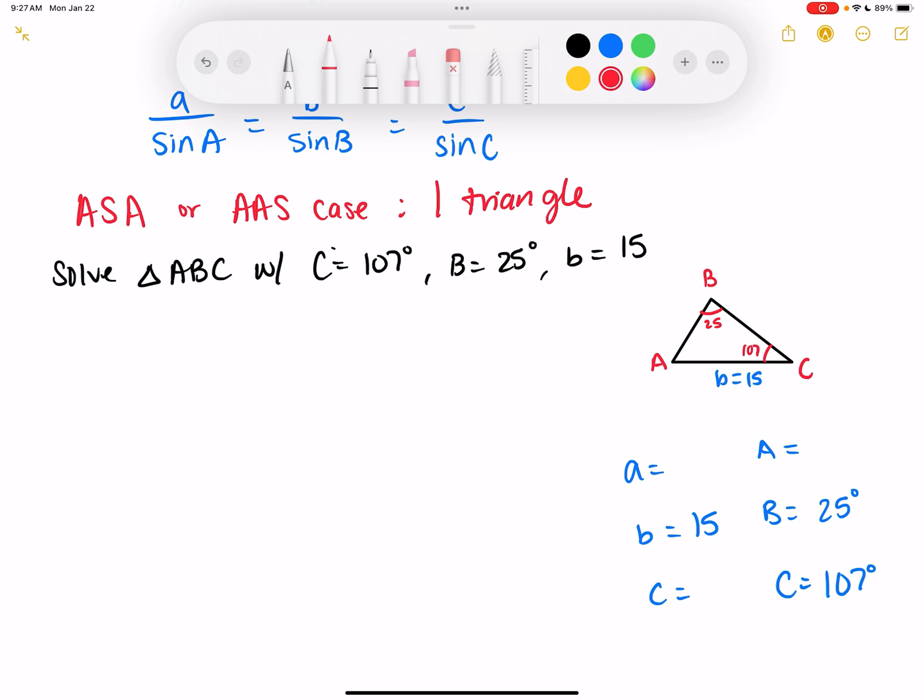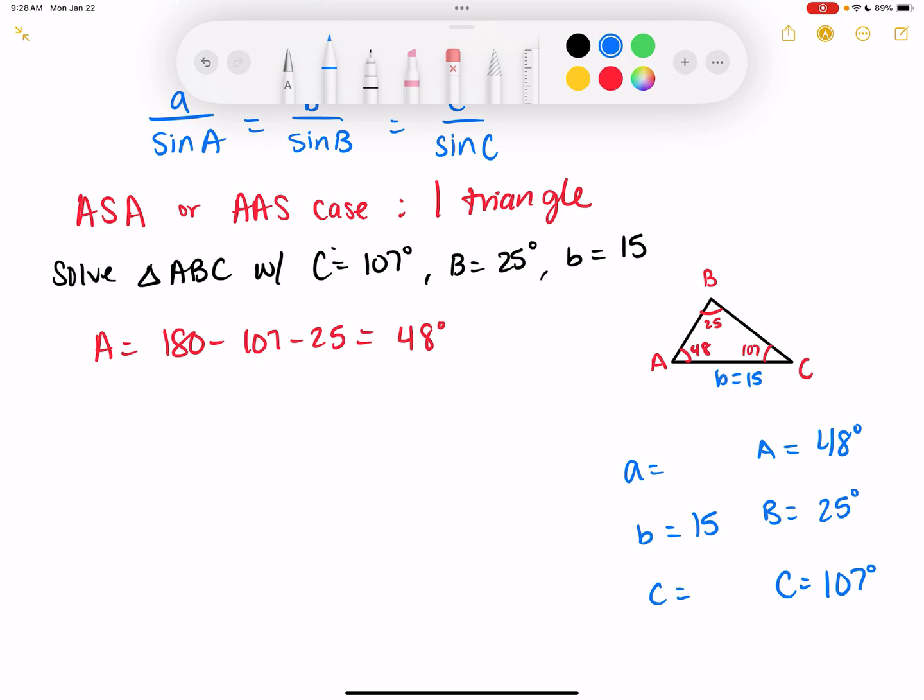Yep, so I'm going to find angle A by doing 180 minus the other two angles, 107 minus 25, and it's going to be 48 degrees, so that's going to be 48 there. I'm going to write it in here. So now I just need to find the other two side lengths using the law of sines.